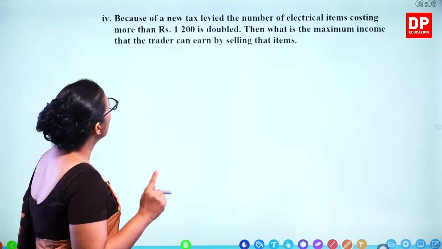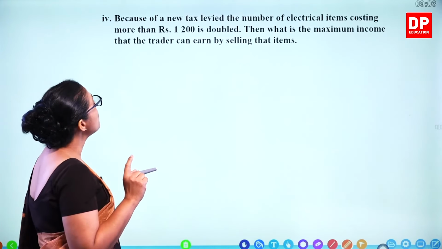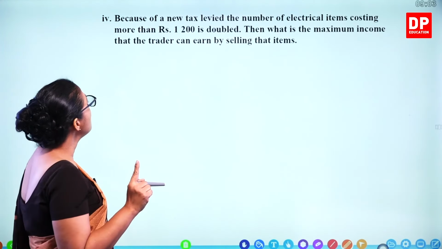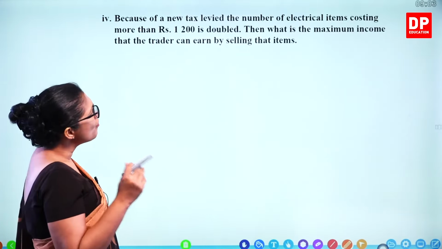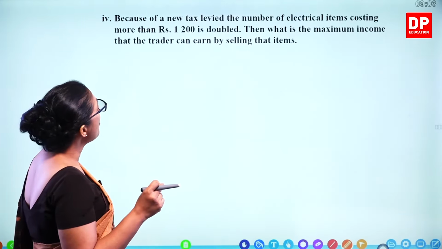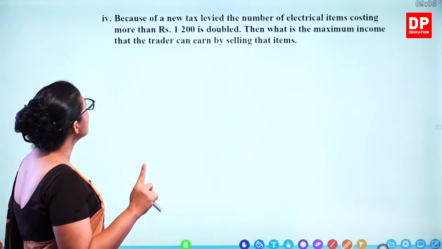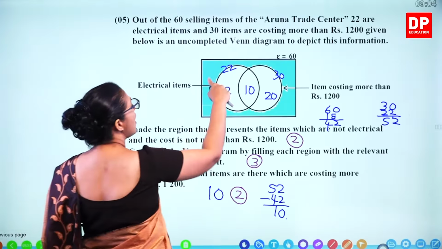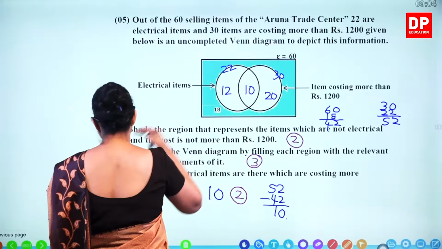Last part. Because of a new tax levy, the number of electrical items costing more than 1200 is doubled. Then what is the maximum income that the trader can earn by selling those items? So we need to find out what's the extra amount. So double the items. Electrical items costing more than 1200. What's the value there? That's 10 before.